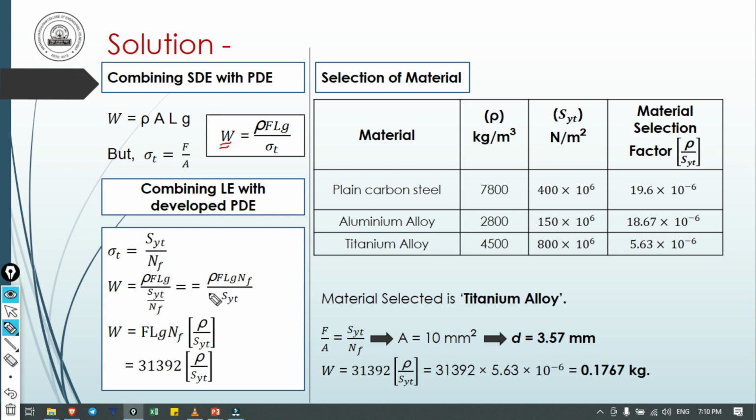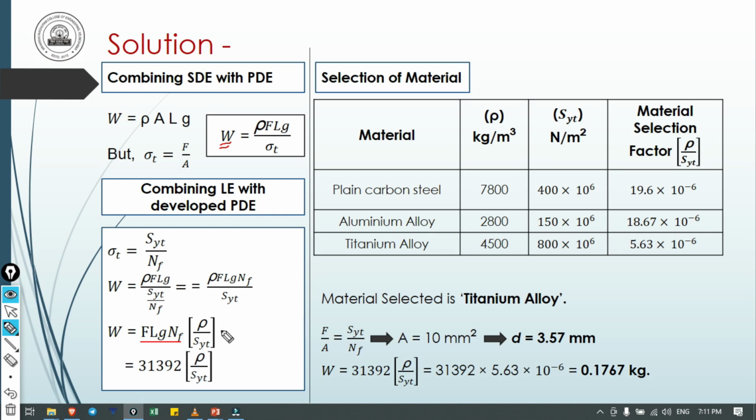Now if we rewrite this equation as rho FLG into NF by SYT, out of which F, L, G and NF, all these values are constant as per the given problem statement.